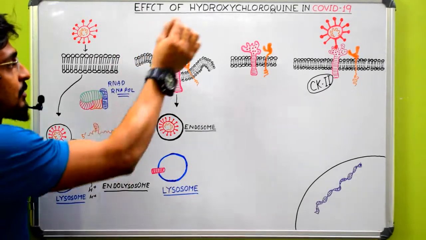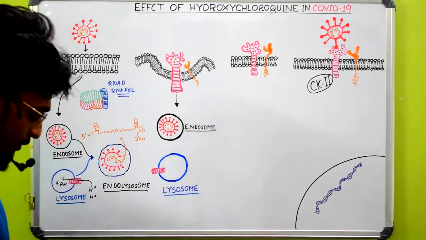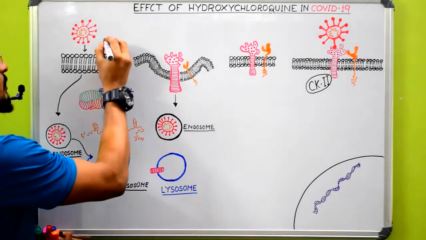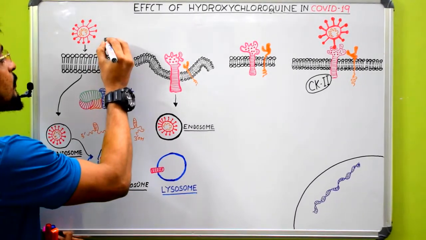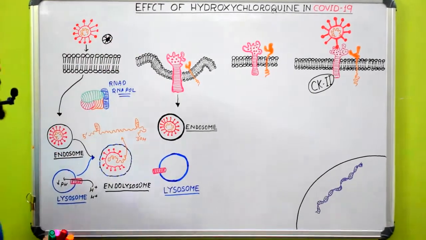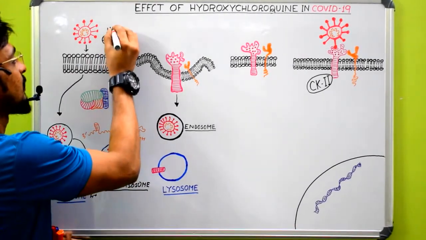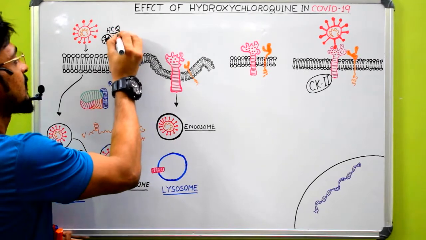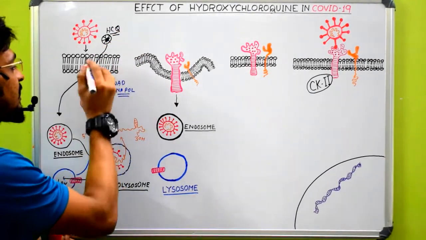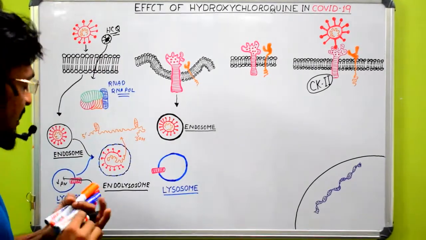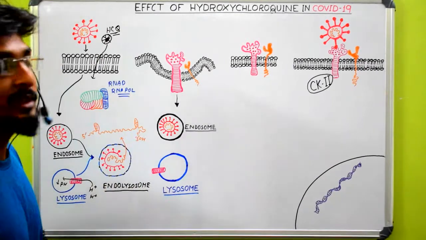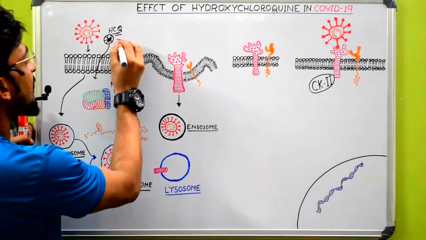So what is this hydroxychloroquine doing here? Let's say this is the hydroxychloroquine. This hydroxychloroquine can enter inside the cell, and at the time of entry, it also brings zinc ions.